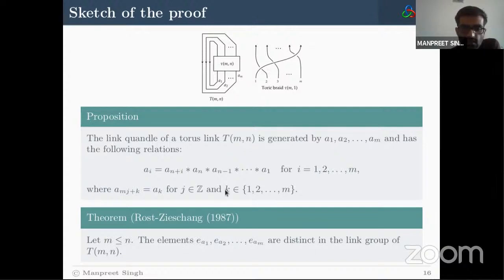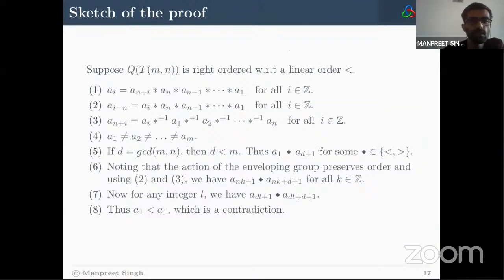The thing is that if these are distinct generators in the link group, then A1, A2, ..., AM are also distinct in the link quandle of this torus link because of the natural map from the quandle to its enveloping group. So here is a brief sketch. Suppose the link quandle is right-orderable with some linear order.